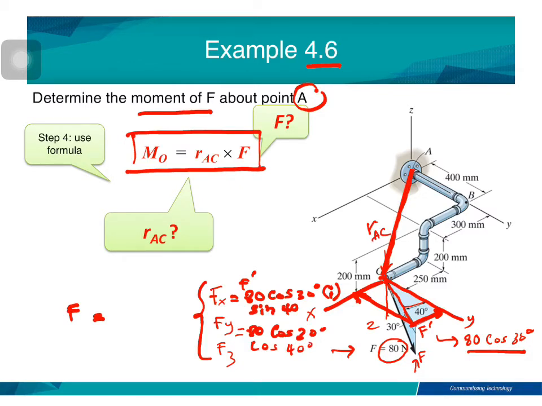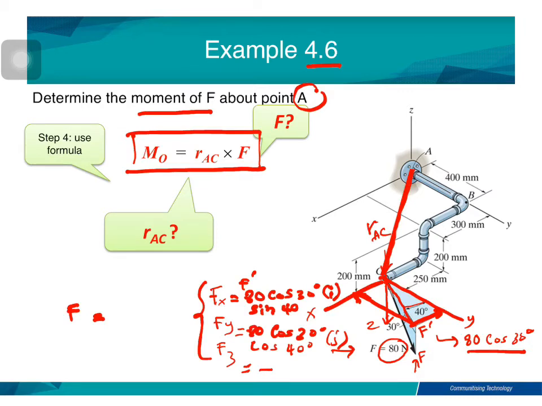Right, so this one is for J. And then we need to have Z. Okay, now this F resolves into Z. So Z is, okay, now downwards. So Z is equal to negative. Okay, negative.